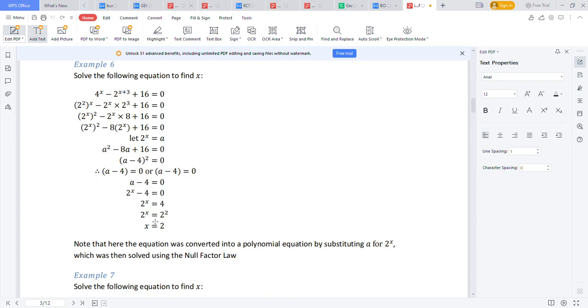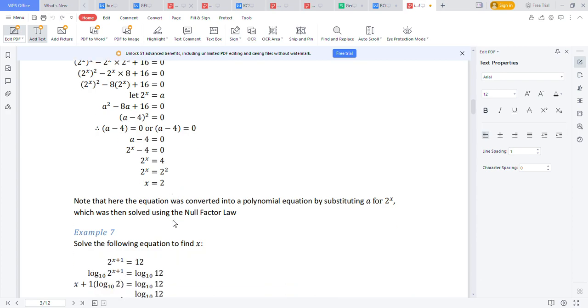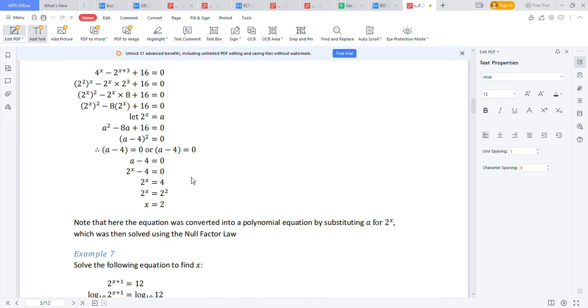So it means 2 raised to power x is going to be 2 squared, where x is going to be 2. If you have any question, kindly consult me. I will help you solve it out. So that is all for indices. That is an example of indices.